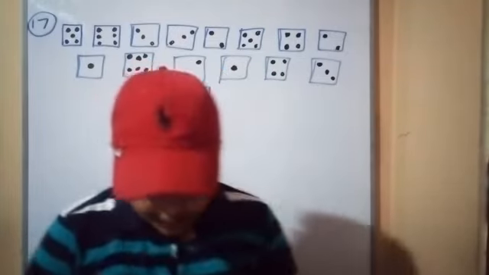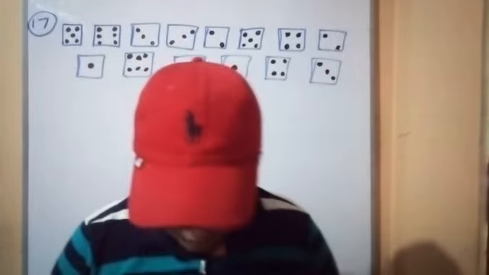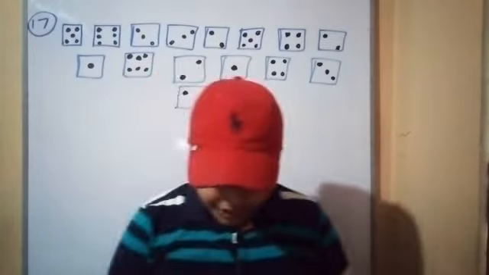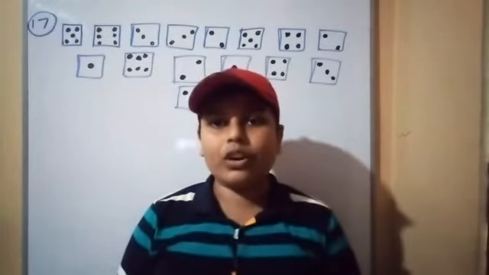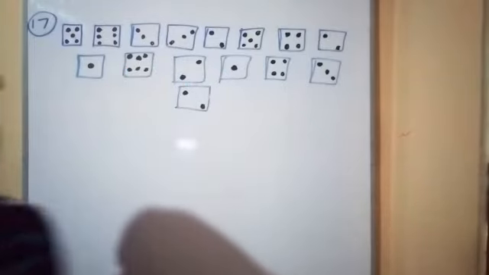The first one: express the number of occurrences of each of the following types of numbers as a fraction of the total number of occurrences. What does that mean?